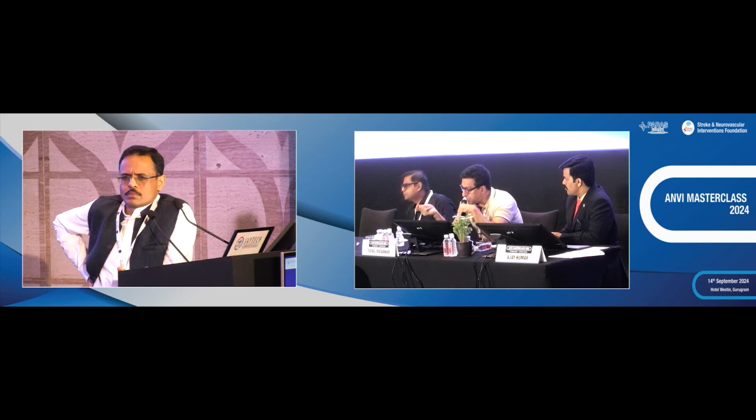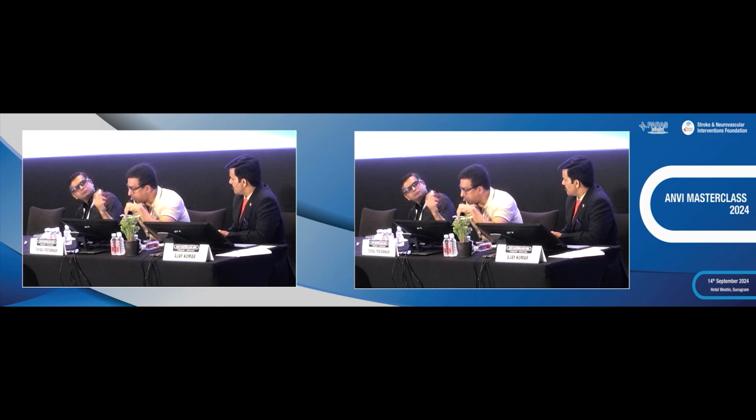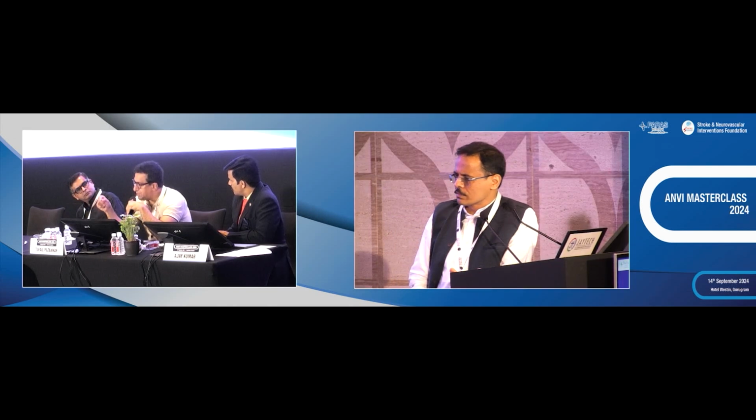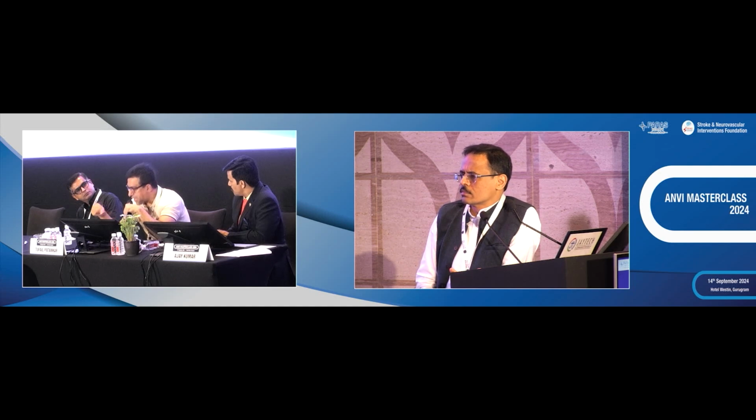Yeah, so there was an ICAD, and obviously you don't recognize it, and you go across. I think when you are not able to cross a lesion, it should highlight to you very quickly that you are probably dealing with an ICAD which wasn't recognized. I don't know what stent was being put, but I was there actually watching it, and I should have stopped it because he wasn't able to catheterize.